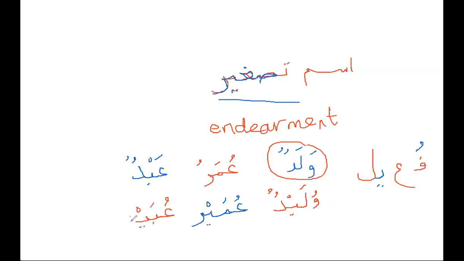And we have the dal, keep it. What do you get? Ubaidun. Ubaid. So Ubaid is tasghir from abd. It means a small worshipper. Umair is a small Umar. Wulaid is a small boy. Okay.